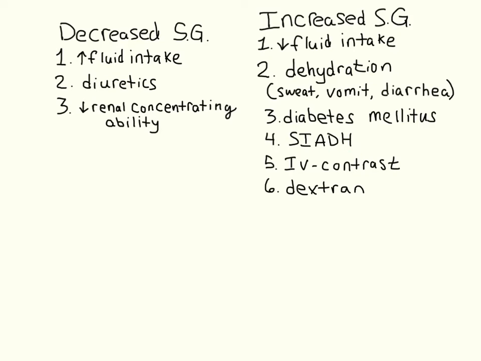Syndrome of inappropriate antidiuretic hormone, so basically your body is forcing you to concentrate the urine. Treatment with IV contrast and also treatment with dextran can increase the specific gravity.